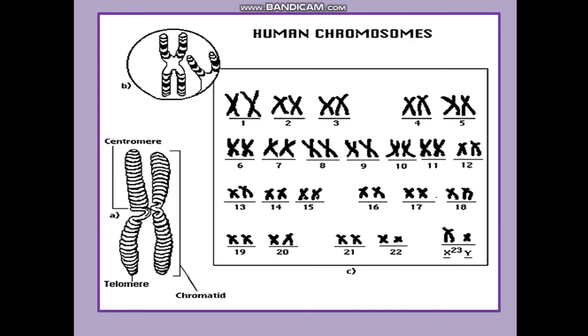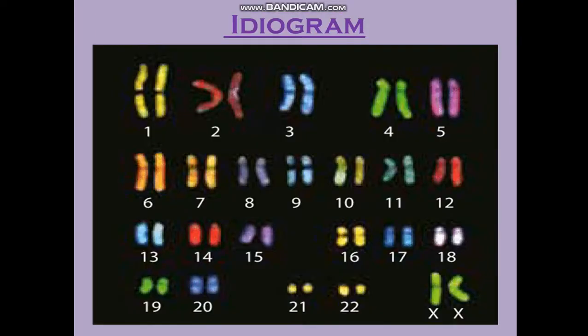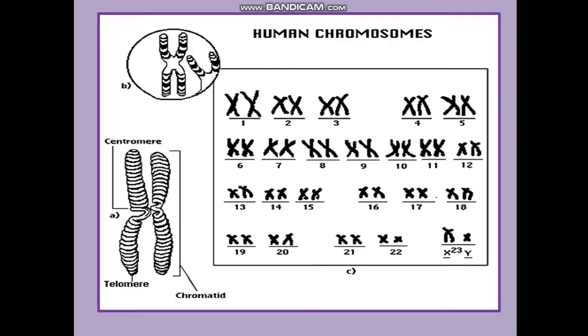Whereas if there is a very small difference in size between the longest and the smallest chromosome, it is called a symmetric one. One important point to note down here is that karyotyping can only be done in the metaphase stage. Clear? And I have shown you these two diagrams for the ideogram.